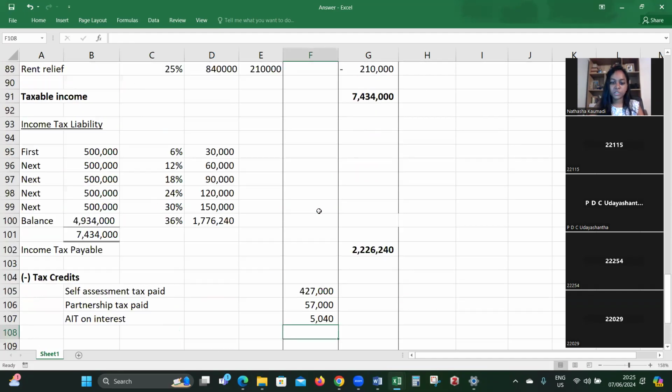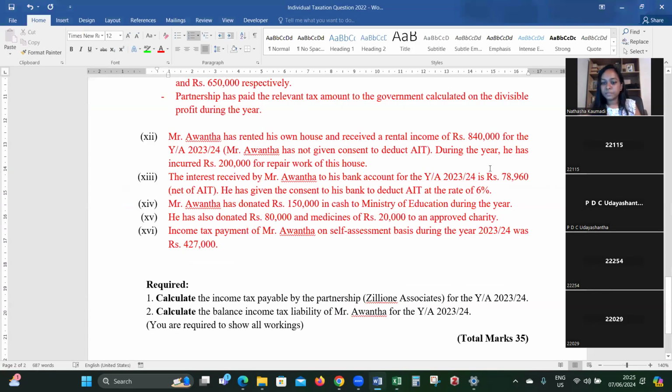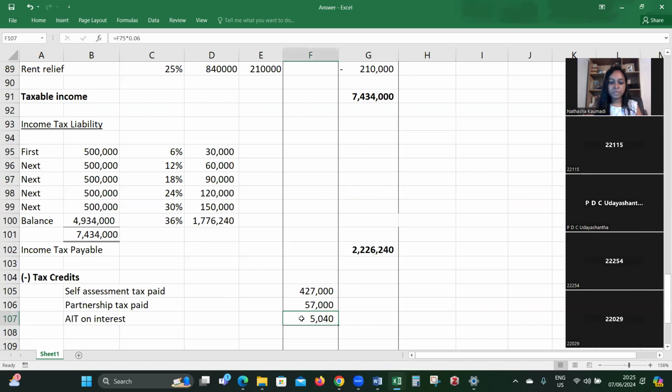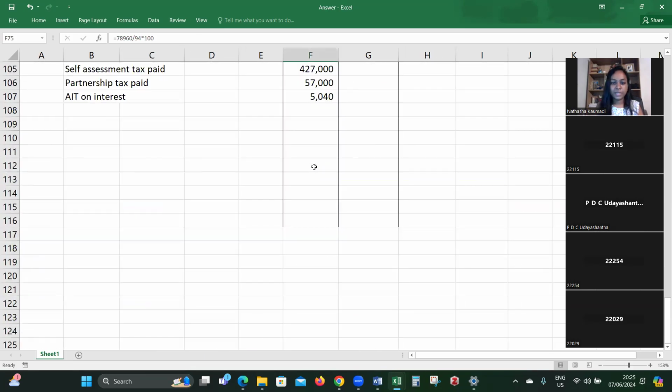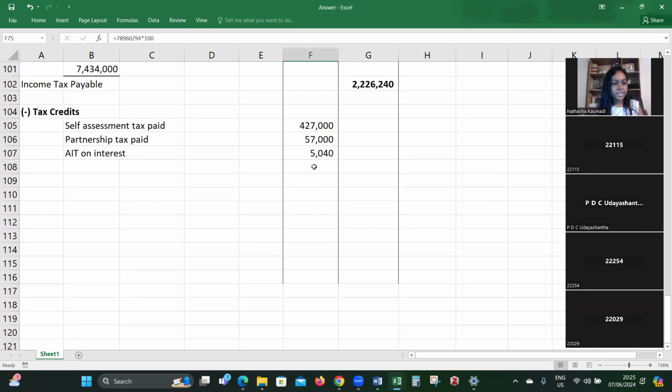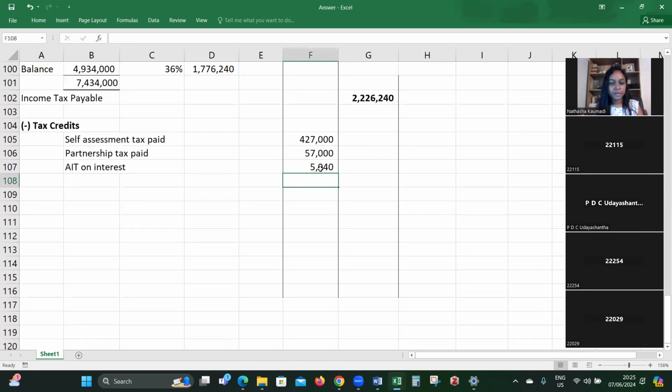The rate is given in the question, 5,040. If not, you can directly take it from 78,960, that is the net interest income. Gross interest income is 84,000. The difference is the WHT paid. Different ways are there to calculate it. So apparently these are the tax credits we have. We have considered all those tax credits.